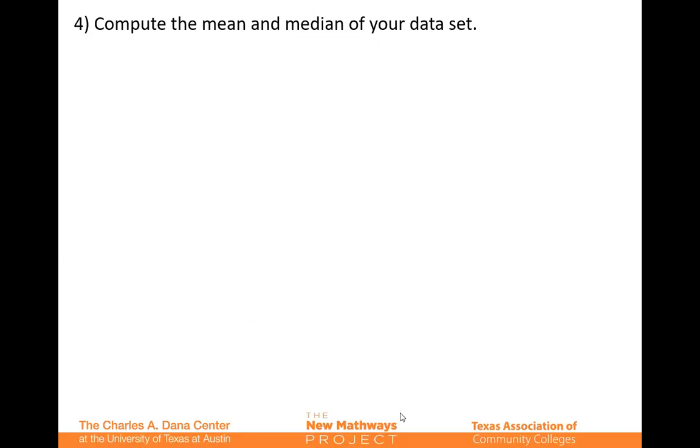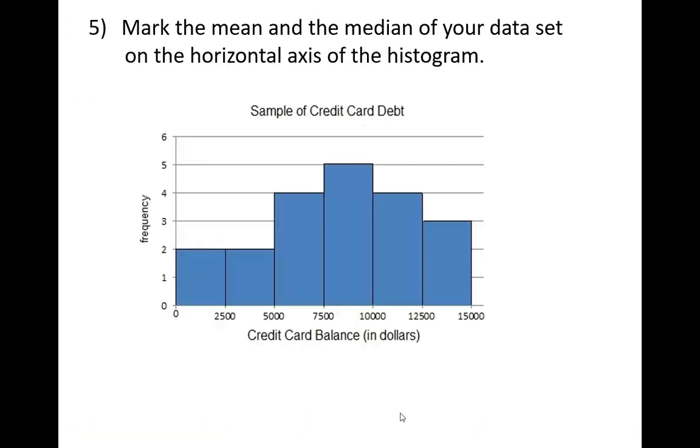We already computed mean and median of our data set. Mark the mean and the median of your data set on the horizontal axis of the histogram. So on the horizontal axis, we got 7935. Let's see, we can divide this up maybe.